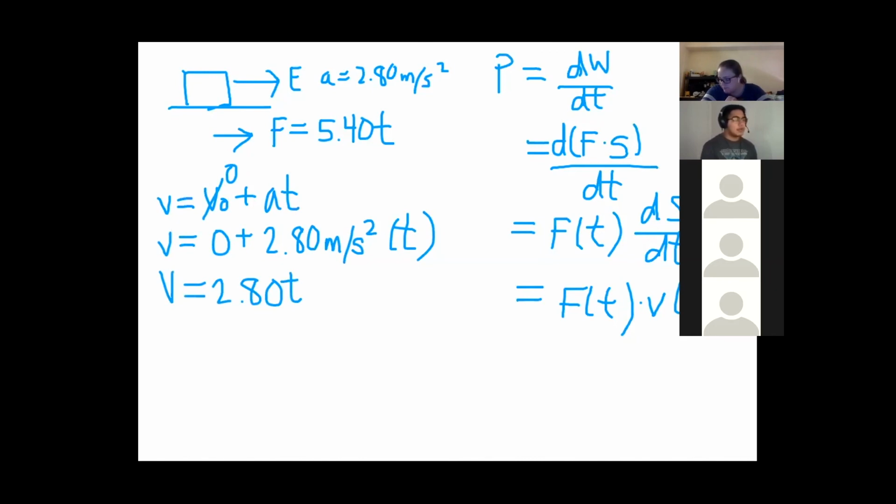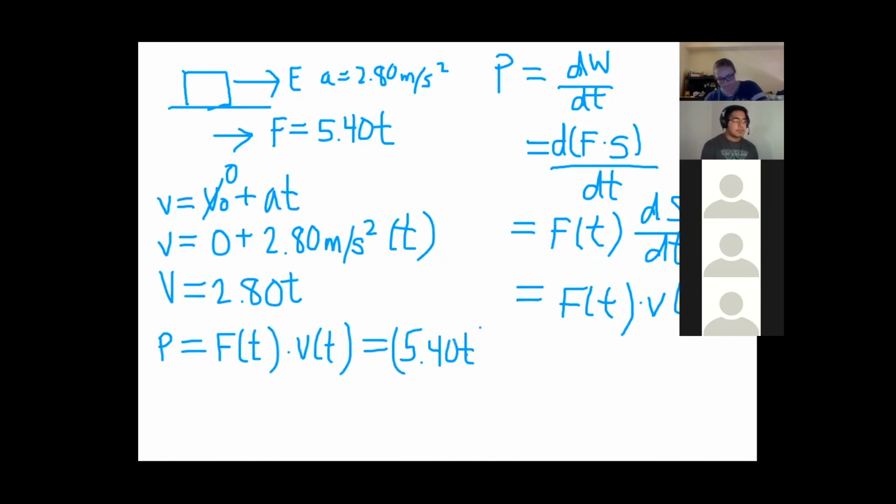Absolutely. So now that we have a force at a certain point in time and the velocity at that point in time, let's solve for our power. Plugging our values into our equation, we should get 15.12 t squared.